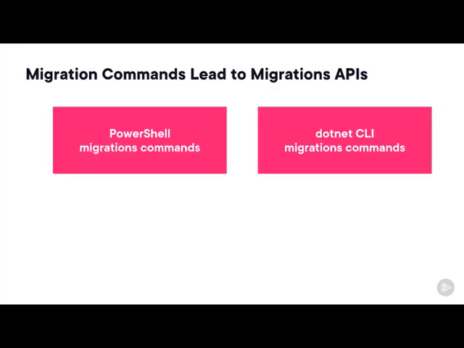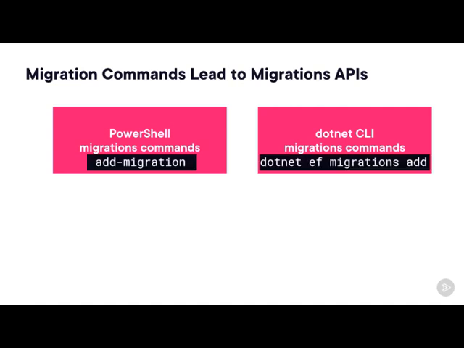.NET provides PowerShell commands and CLI, or command line interface, commands. An example of this is the command that creates a migration file from the data model that's described by the DbContext. The PowerShell command that you execute in Visual Studio's Package Manager console is add-migration, whereas the command line counterpart, which is an extension of the .NET CLI, is dotnet ef migrations add.